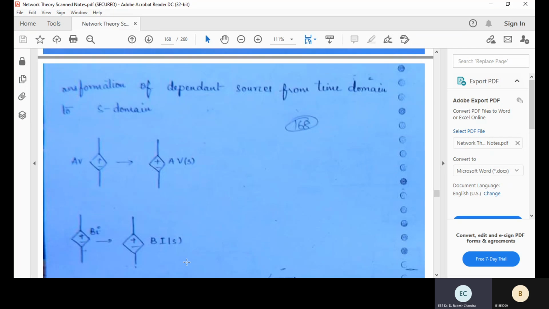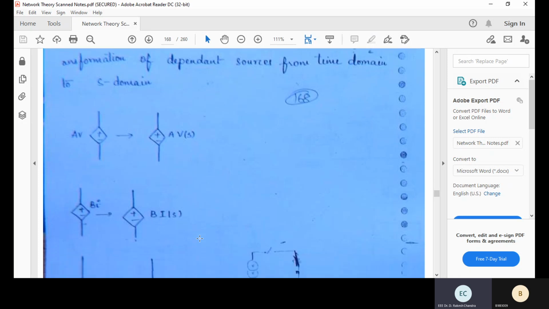We'll just see for the dependent sources how this transformation has been done. Let's say A V, that means a voltage-controlled source here. Okay, so in the s domain, how will it be represented? A into V of s. Let's say some 3 amperes current, 3 I, 3 into I of s.